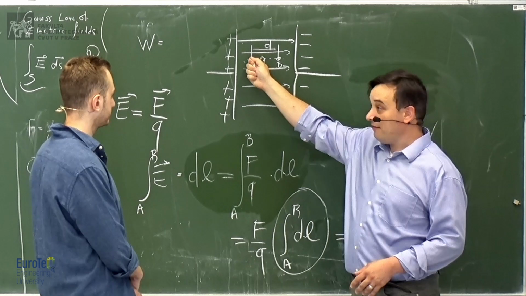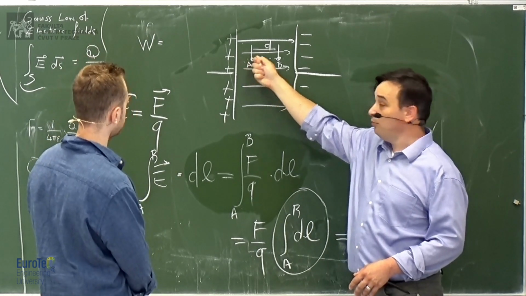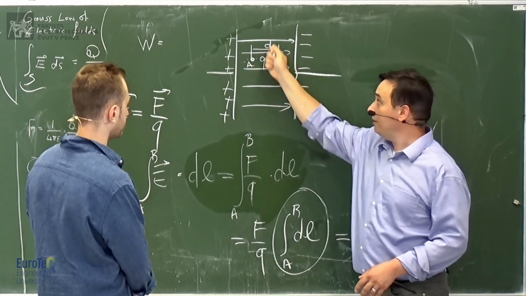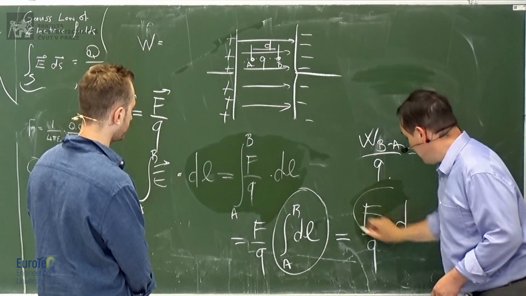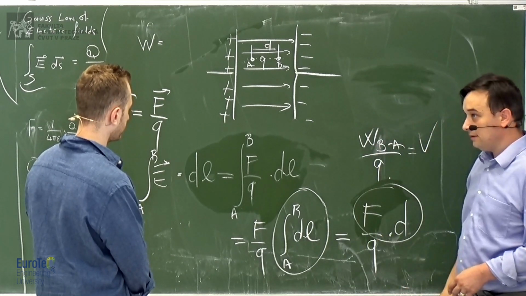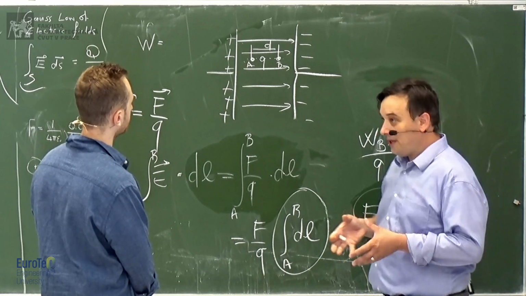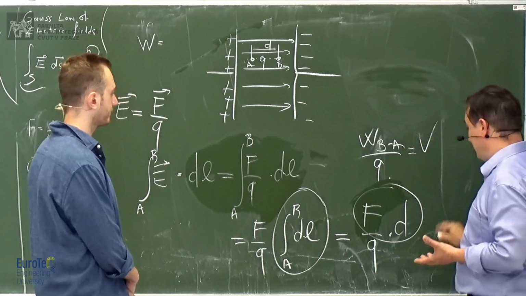So you apply a force to a charge, and you move the charge from point A to point B over a distance. What is force times displacement? If you apply a force to something and you move it, it's work.